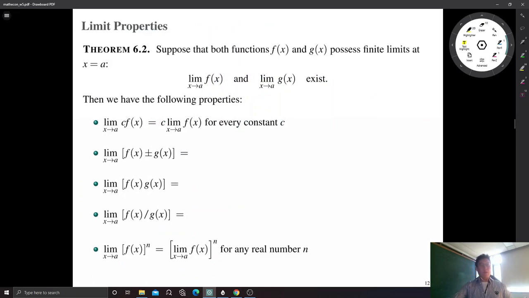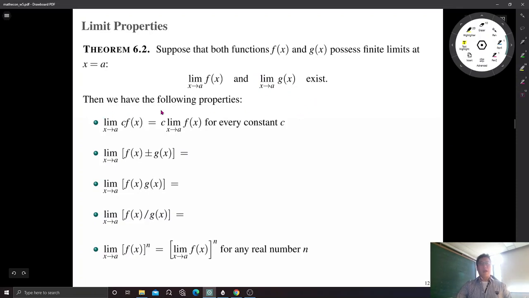All right, and then we have several limit properties. To explain, suppose that both functions f of x and g of x have finite limits at number a. So the limit of f of x as x approaches a, and the limit of g of x as x approaches a, both exist.